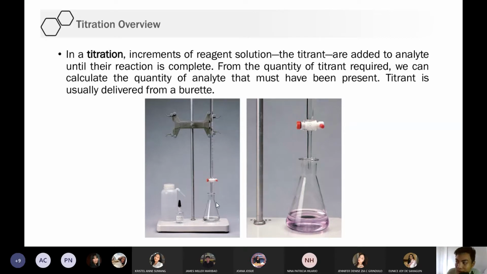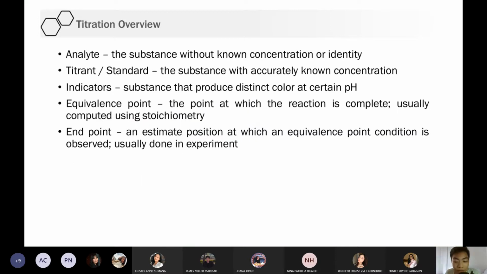So, pagsahaluin mo silang dalawa, and eventually, the color will change, no? And once na nagbago yung kulay ng solution, that means that the reaction is complete. Okay? So once the desired color is achieved, no? Tapos na yung reaction mo. Okay?